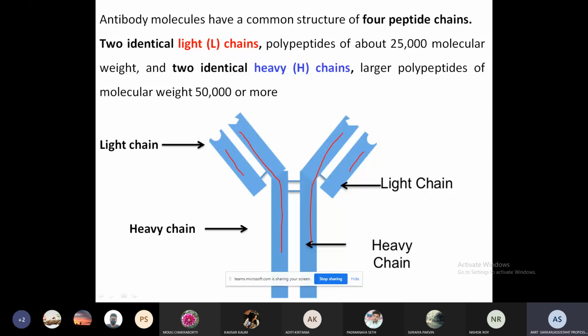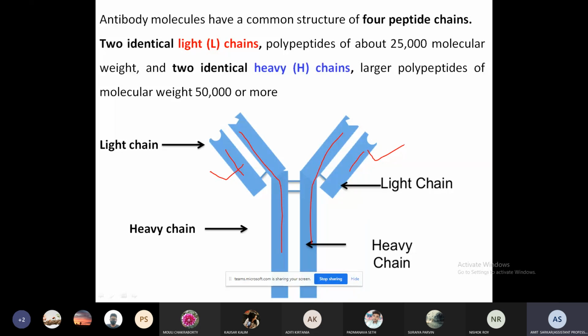What is the meaning? Light and heavy refer to who is lighter or heavier in terms of molecular weight. Light chains are only 25,000 Dalton in molecular weight. So this one is 25,000 Dalton, and this one is also 25,000 Dalton. Whereas the heavy chains are double in size or weight, with 50,000 Dalton molecular weight.